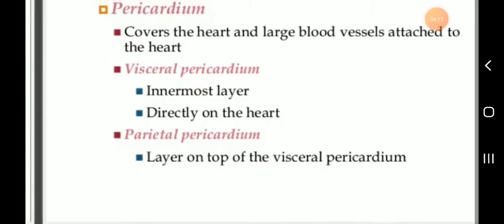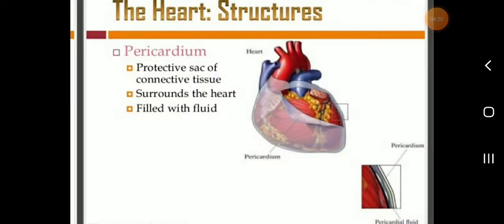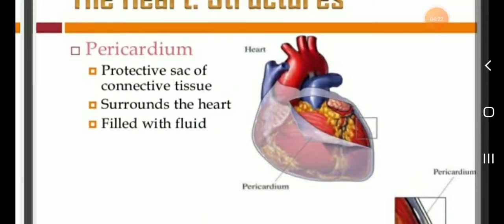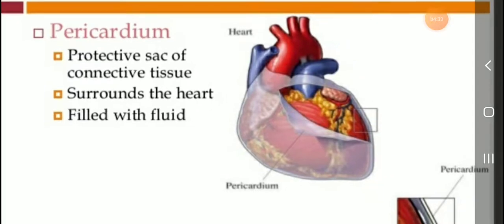The parietal pericardium lies on top of the visceral pericardium. The pericardium is a protective sac of connective tissue that surrounds the heart and is filled with fluid. This is the heart surrounded by the pericardium.